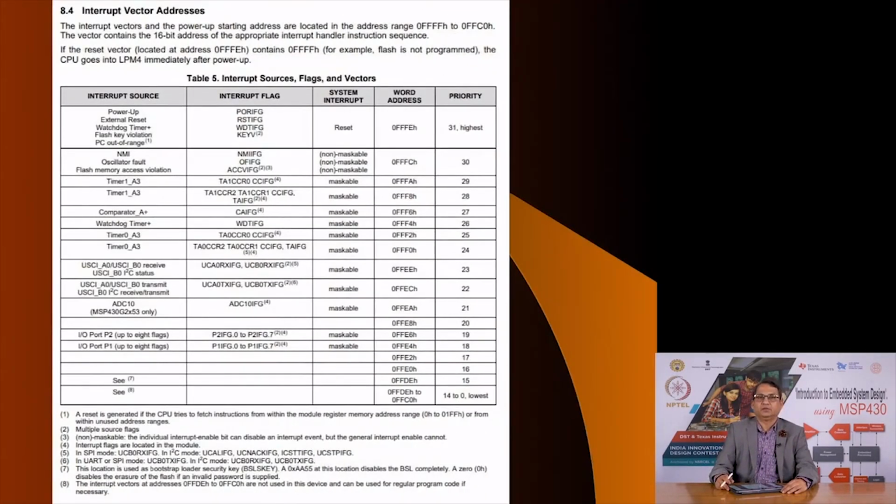Here is the table which describes all the interrupt vectors. The G2553 supports 32 interrupts, and each of the interrupts requires an interrupt subroutine. An interrupt subroutine is a program in the flash memory, and in this vector table you store the address of that location in the flash memory.